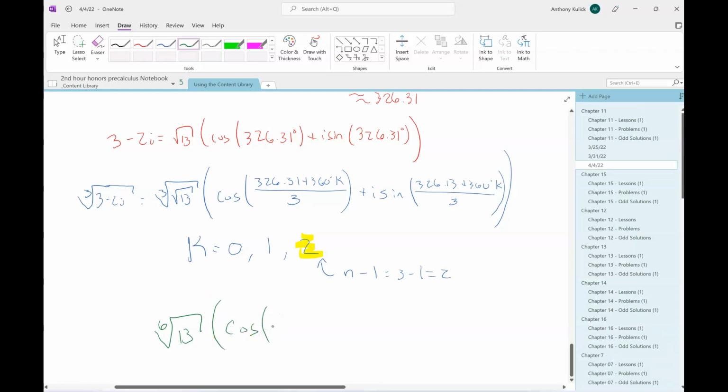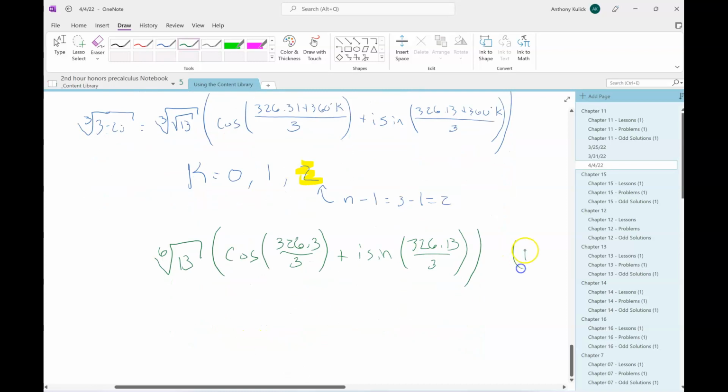So when k is 0, I get that. When k equals 1, 360 plus that is 686.3.